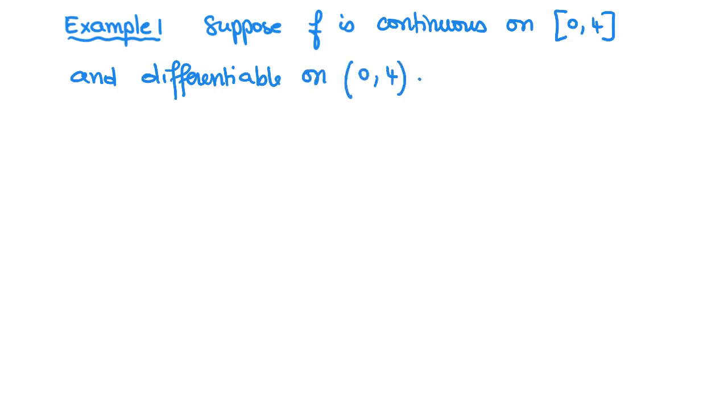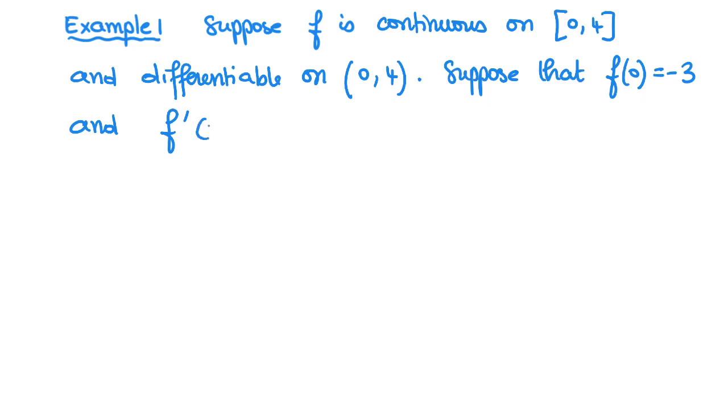And we also suppose the following two things, that f of 0, the value of f at 0, is minus 3, and its derivative is always less than or equal to 5 for all x in the interval (0, 4).